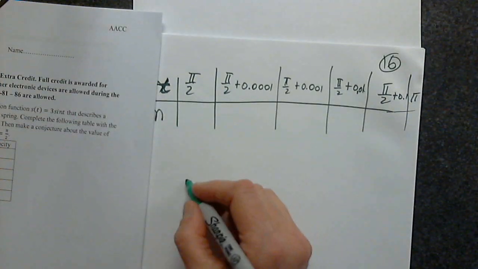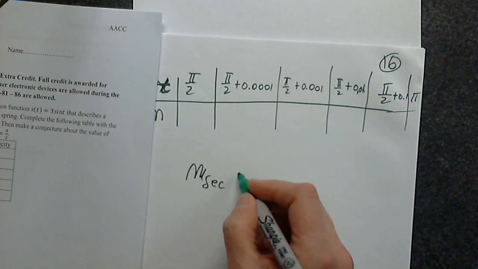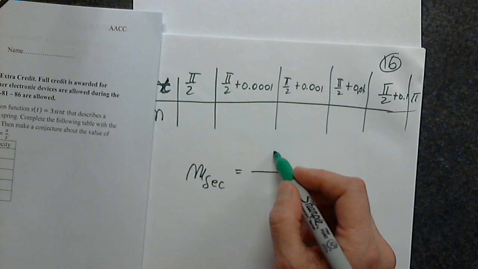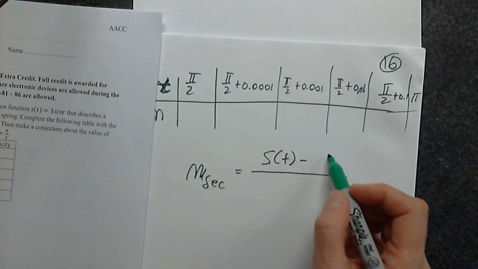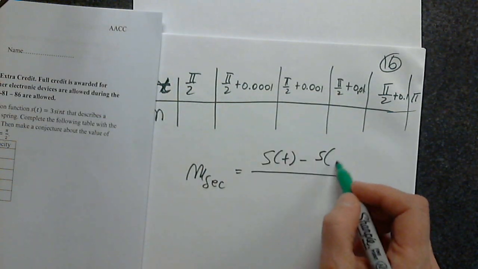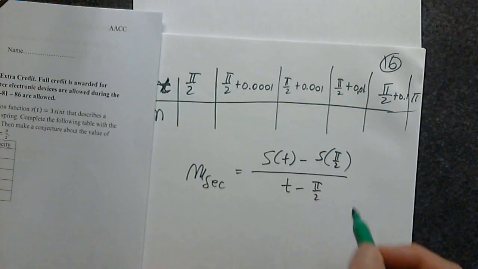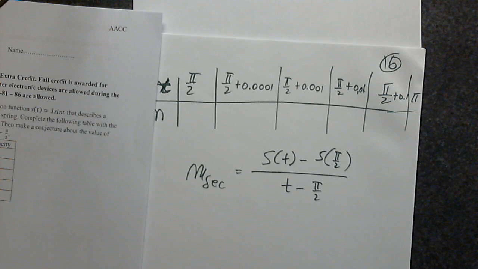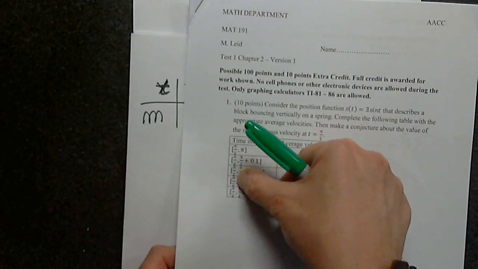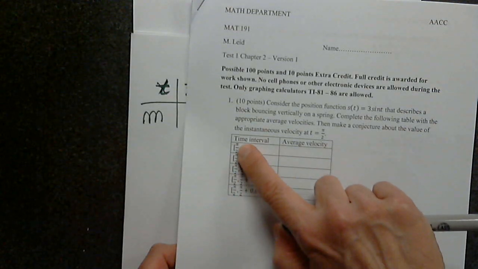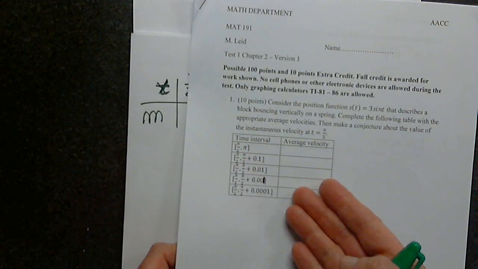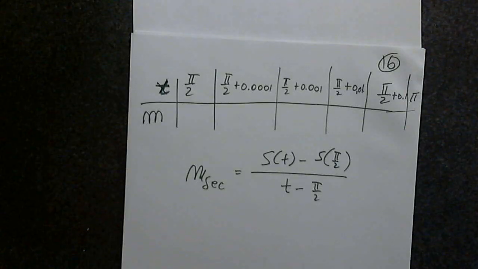Of course, I will create the slope of the secant line, which is s of t minus s of pi over 2, over t minus pi over 2. Because each and every interval has pi over 2 as one end. So all I'm interested in is getting closer and closer to pi over 2.